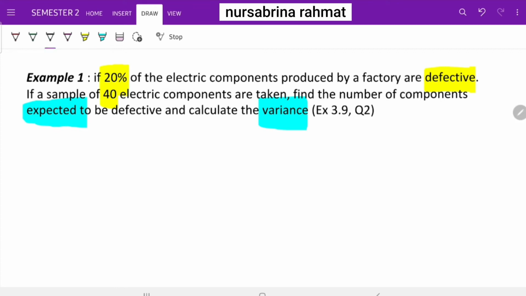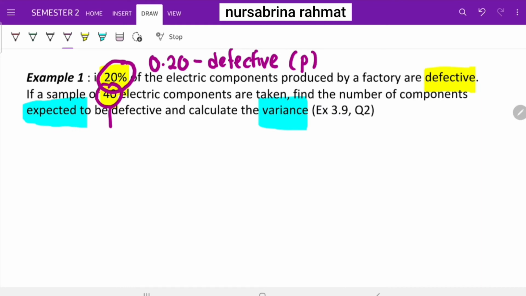So how to solve this? First, 20% is a probability. We convert it into decimal, so 0.20, for defective. Since the question asks for the expected number of defective components, this is your p. The 40 refers to the number of trials, so this is your n.